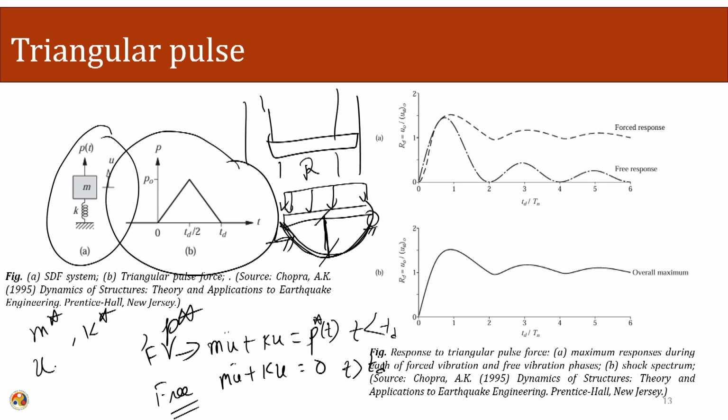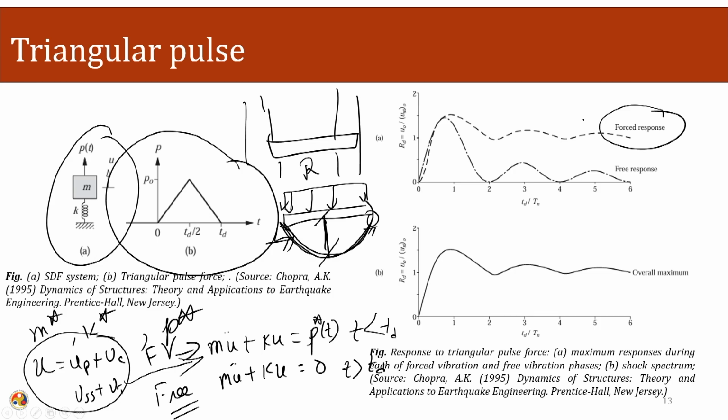We wrote down the response as u particular plus u complementary, or u steady state plus u transient. We calculated the maxima of this function in the forced response phase, and we calculated the response in the free phase also. Then we have the value of absolute u max, which is a function of the static response, u naught, and Td over Tn.